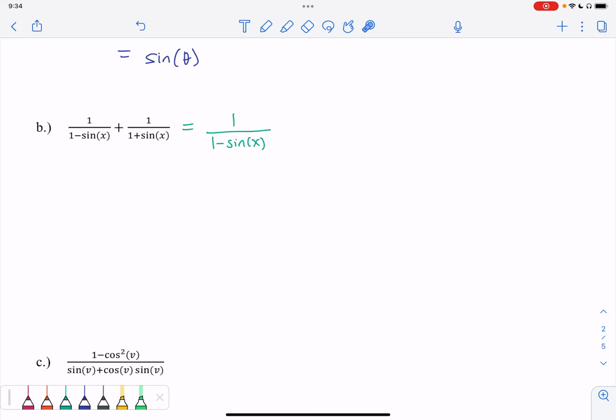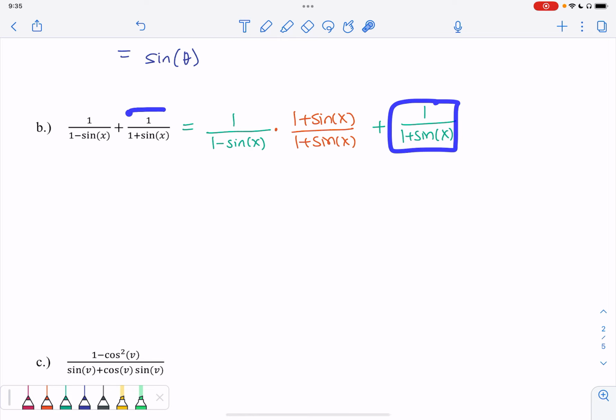To find a common denominator, I multiply this first term by 1 plus sine x over 1 plus sine x, and then plus the 1 over 1 plus sine x from before, multiplied by 1 minus sine x over 1 minus sine of x.